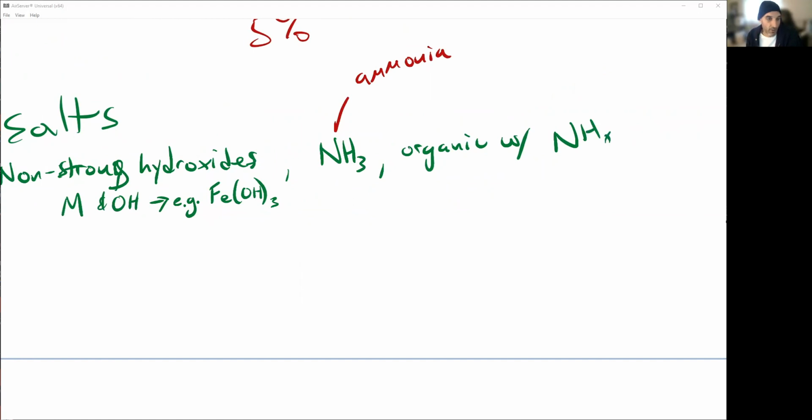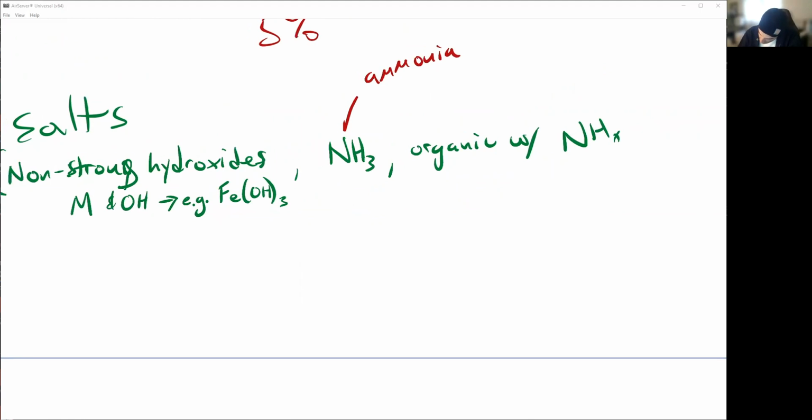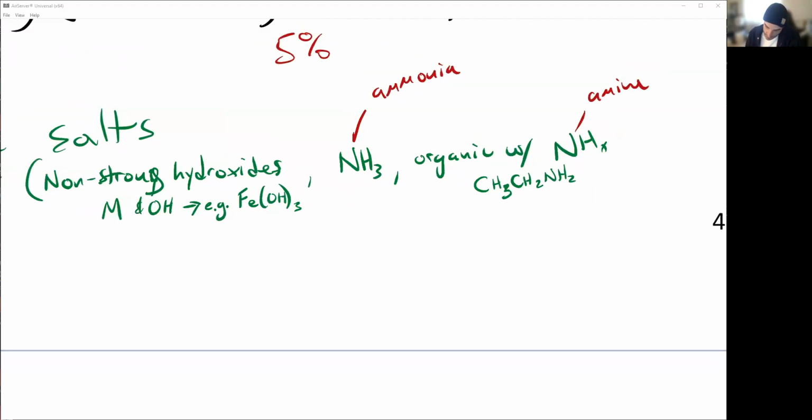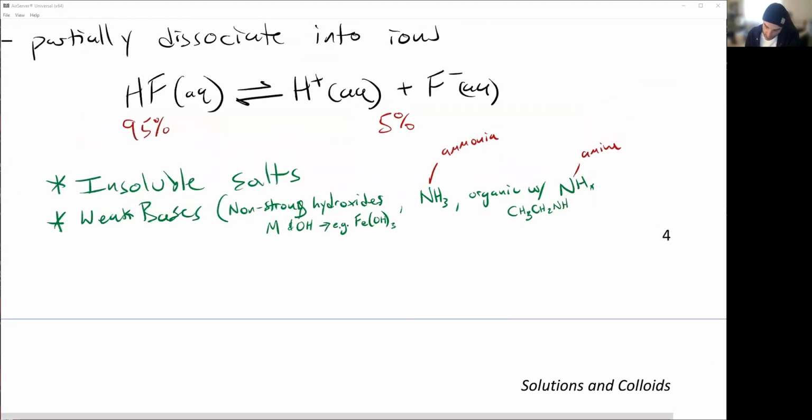If you see what we call an amine group, yeah, so this is known as an amine, that is going to be considered a weak electrolyte. So something like CH3CH2NH2, that is a weak base, and that will in fact dissociate in a number of ways. So bases that are not strong, essentially, and then finally, weak acids.